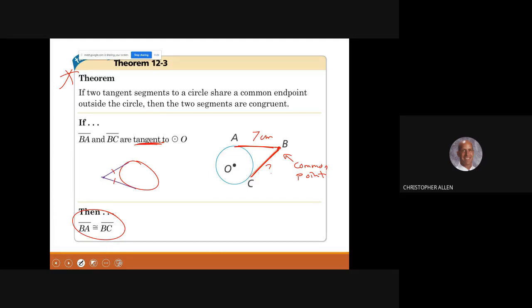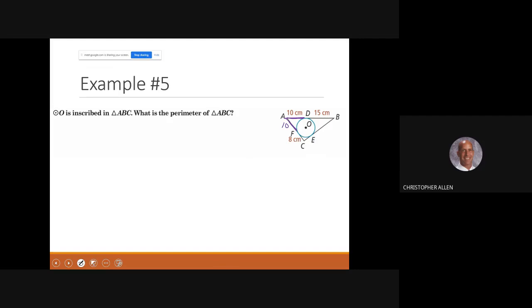Since all those lines were tangents, if two segments are tangent to a circle and have a common endpoint, then they both are congruent. And that's what we have here. We know that this is a common endpoint and these two guys are tangents, so that's 10, then that has to be 10. Okay, well, let's look at the next one.